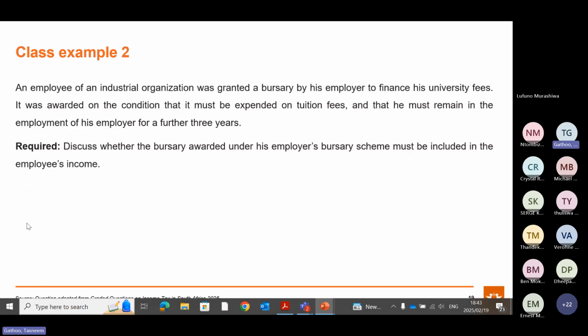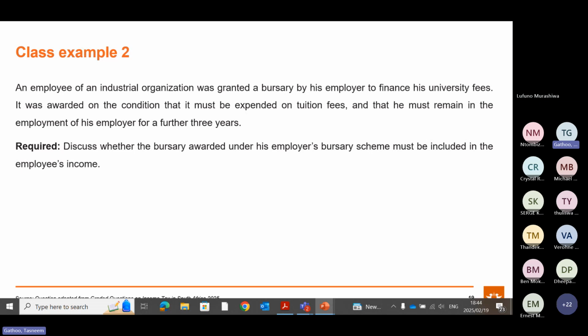Class example 2 says, an employee of an industrial organization was granted a bursary by his employer to finance his university fees. It was awarded on the condition that it must be expended on tuition fees and that he must remain in the employment of his employer for a further 3 years.